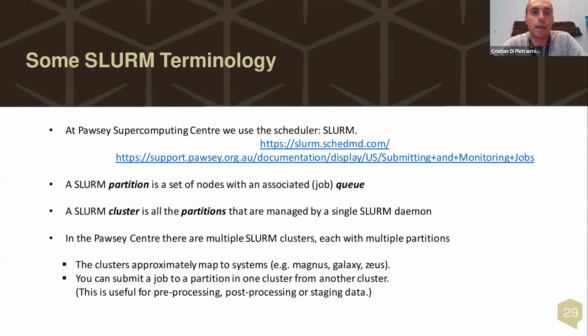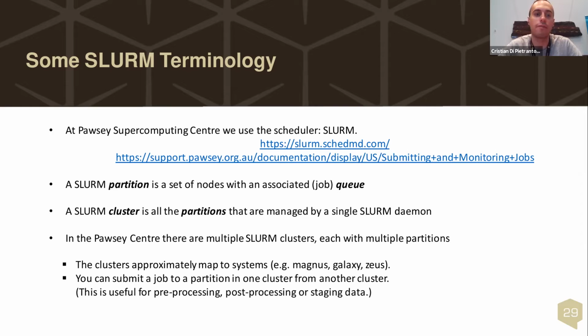I'm going to introduce now some terminology that is used throughout our documentation. It's common terminology across supercomputing centers. So as I said, a partition is a set of nodes with an associated job queue. Each partition is characterized by some characteristics.